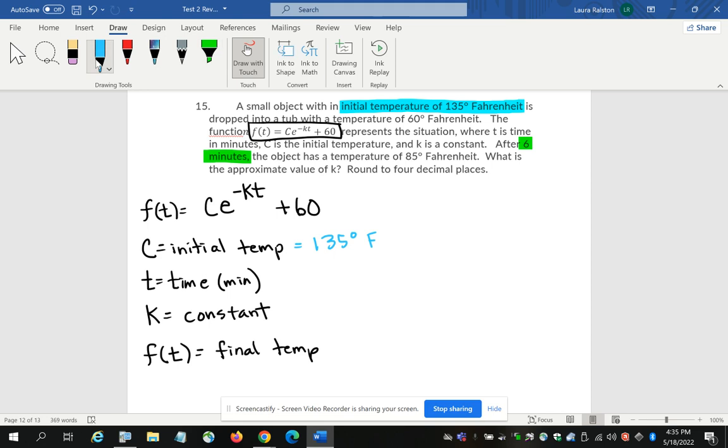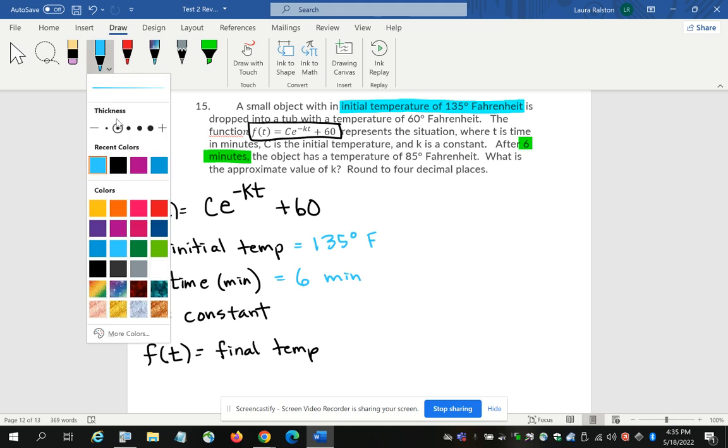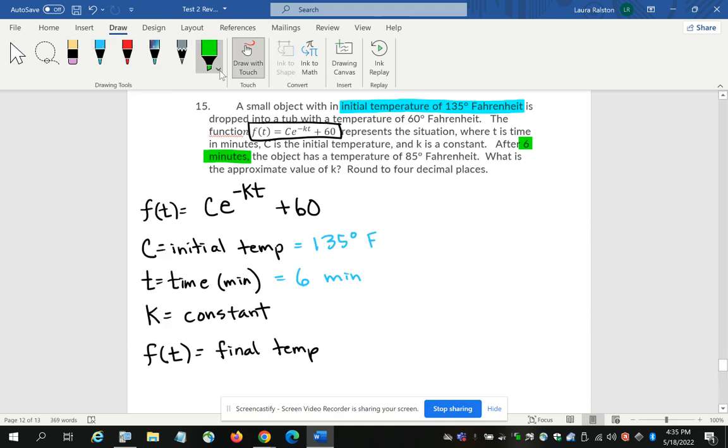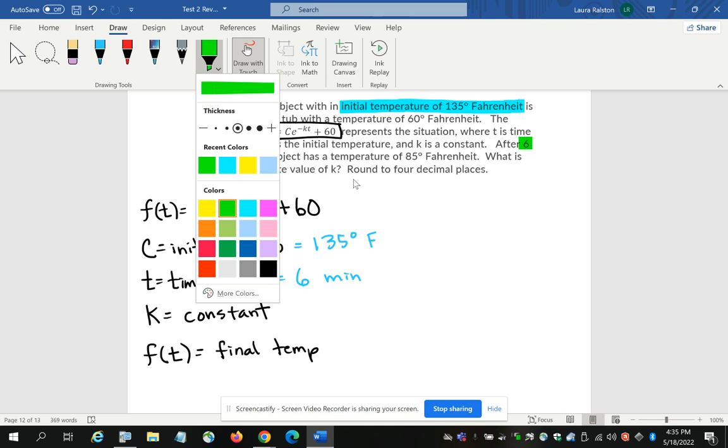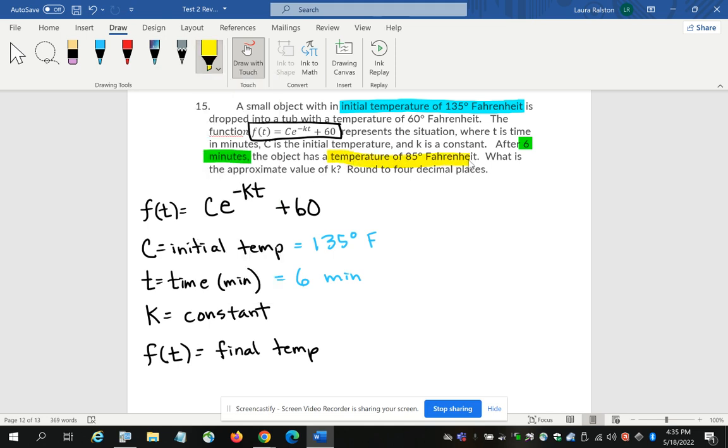Minutes represents my time, so my time is 6. The object has a temperature of 85 degrees. So the final temperature is 85 degrees after those 6 minutes. What is the approximate value of k? The question itself lets me know you're looking for k.